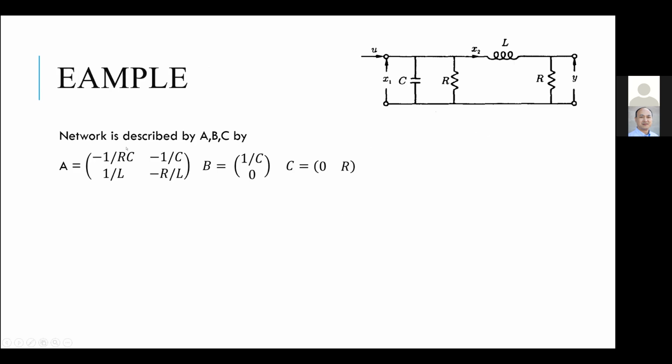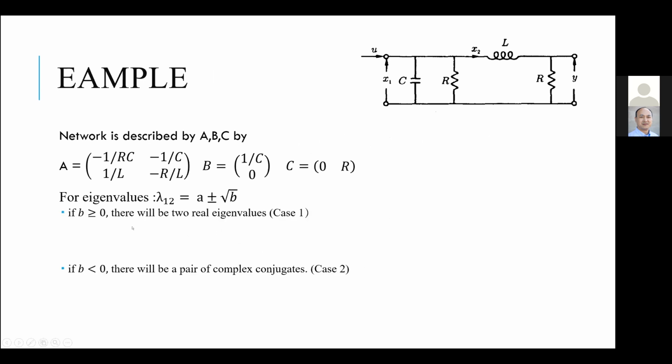Okay, now let's look at an example. There's a network, and I already calculated A, B, C in this case. For the eigenvalues, you are going to have A plus or minus root B. If B is positive, you get two real eigenvalues, and you have a solution like this. H(0), taking everything as zero at t, is 0, as you can see; you can calculate that by yourself.